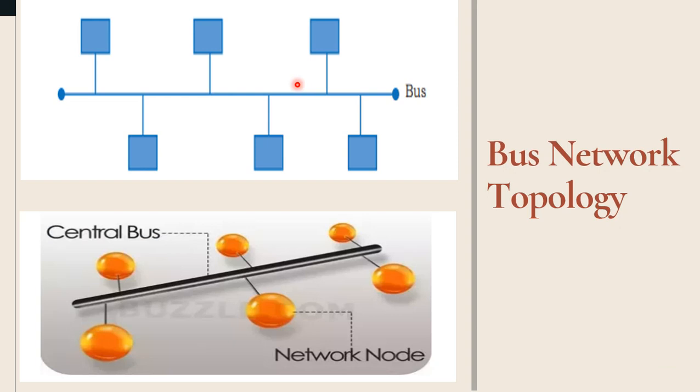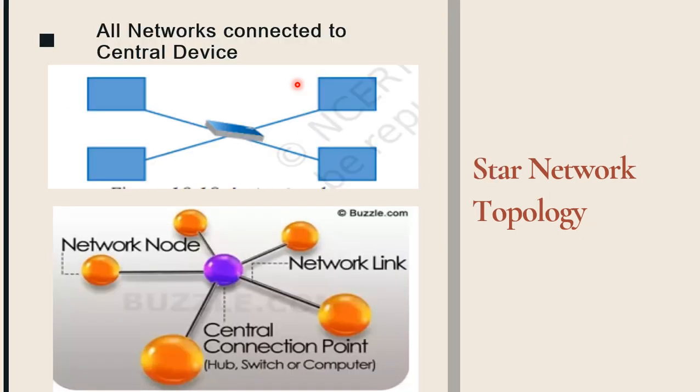Now in today's lecture I am going to explain some more types of network topology. The first type, bus network topology, we studied in our earlier lecture. Now I will start this lecture by explaining the second type of network topology.